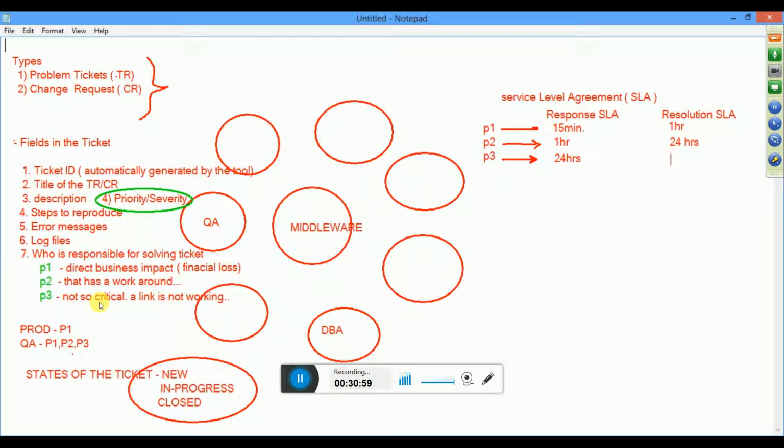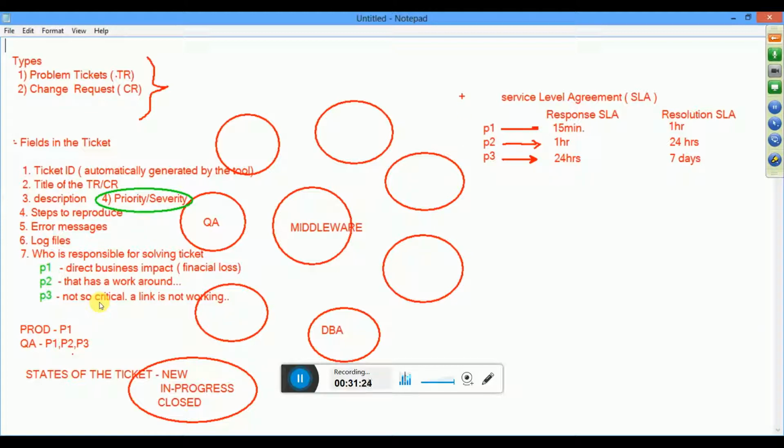P3s are the least priority. Now, these are not strict rules. They change from project to project. So if you are asked what your SLAs are: as a P1, we have a 1 hour SLA, P2 24 hours, and P3 a 1 week SLA. That is the resolution SLAs. Response SLAs are 15 minutes. Within 15 minutes, we are expected to respond.